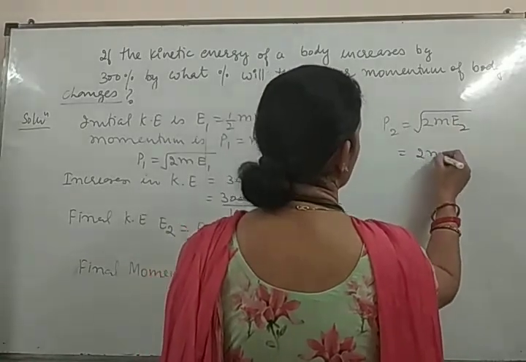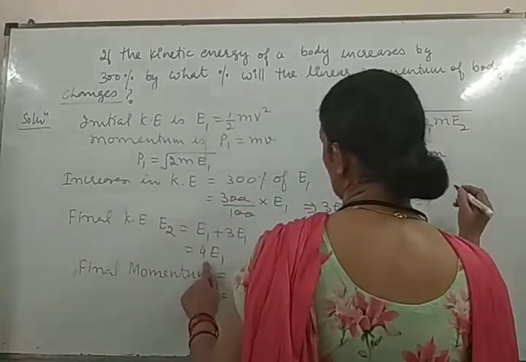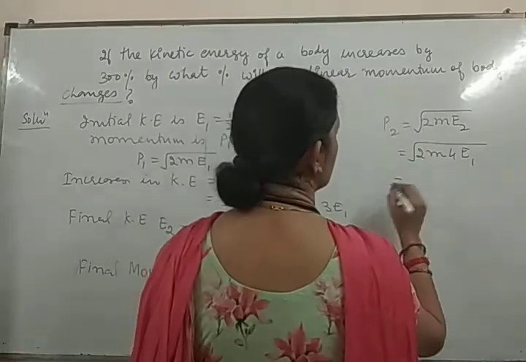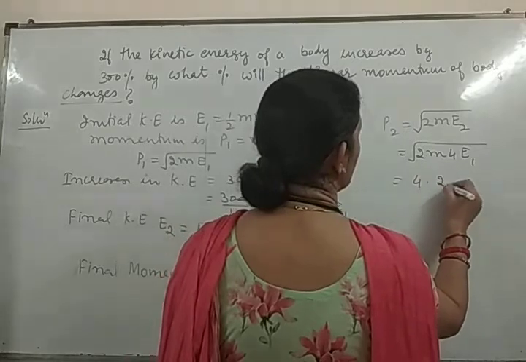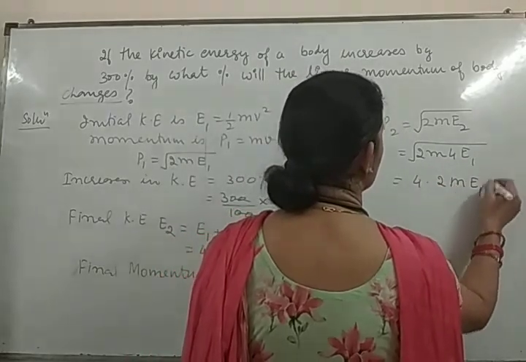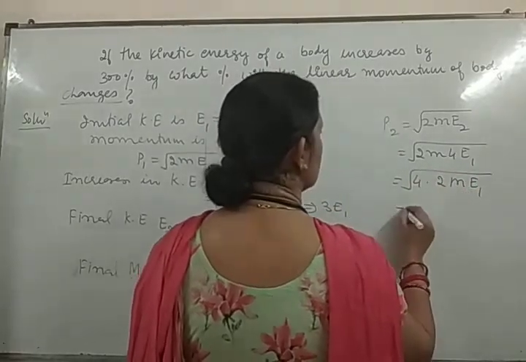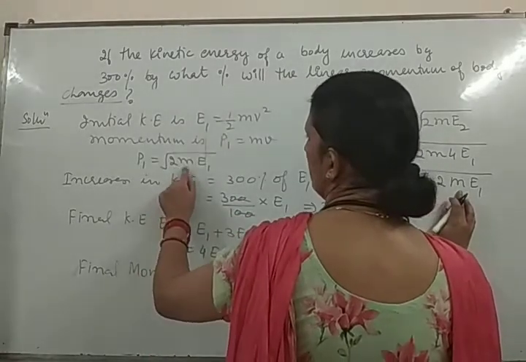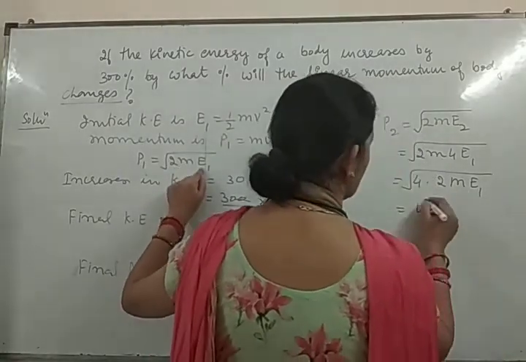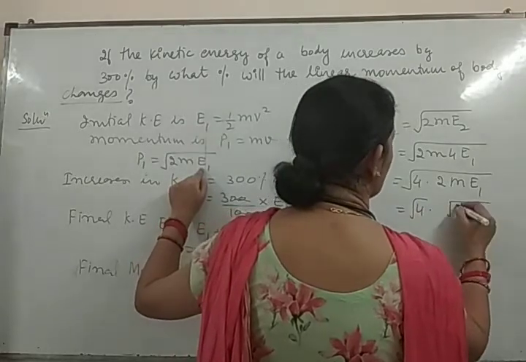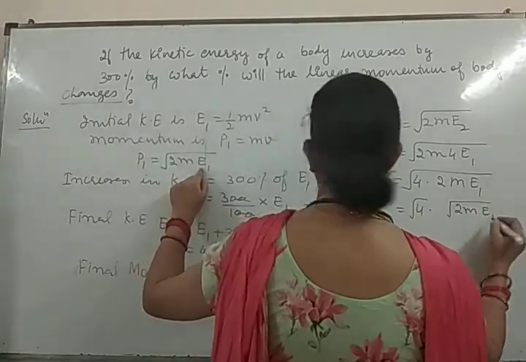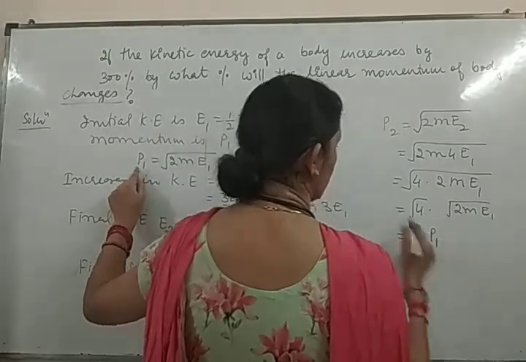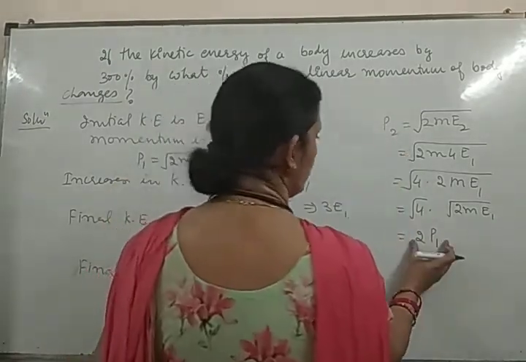Put the value of E2, that is 4E1 under the root. This is 4 into 2m into E1. You can have square root of 4 into square root of 2mE1. This is P1. This is equal to 2P1. So the final momentum is 2P1.